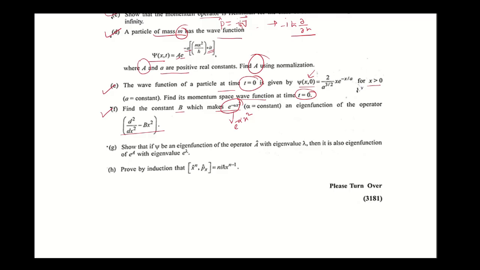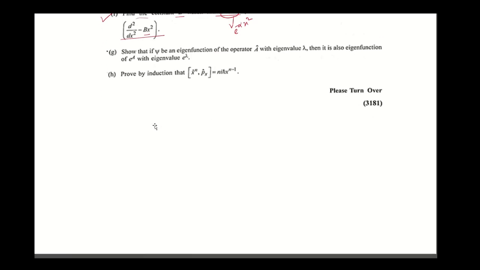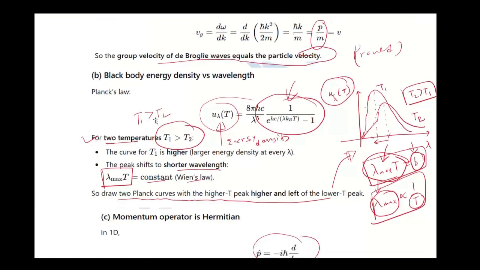That means if this function is an eigenfunction of this operator, then what will be the value of b? So we have to calculate b. What is the value of b so that this function is an eigenfunction of this operator? Very easy.